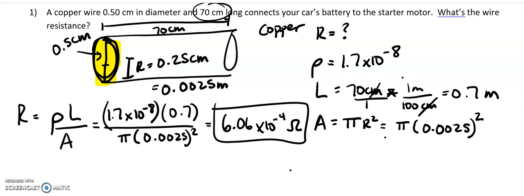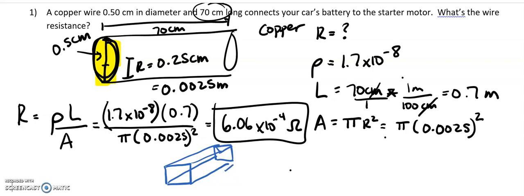Cool. One little side example I just want to give is, let's say we have the same problem, but let's say this was a funky wire and it was rectangularly shaped. So let's say it was something like this. If I can draw this, cool. Something like that.